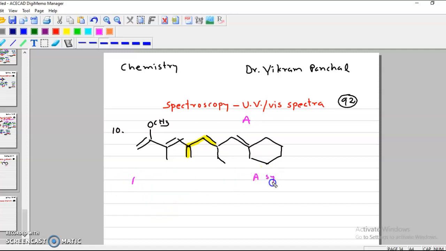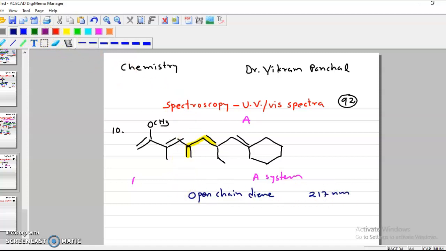It is an open chain diene system, and for that we will add 217 nanometer.